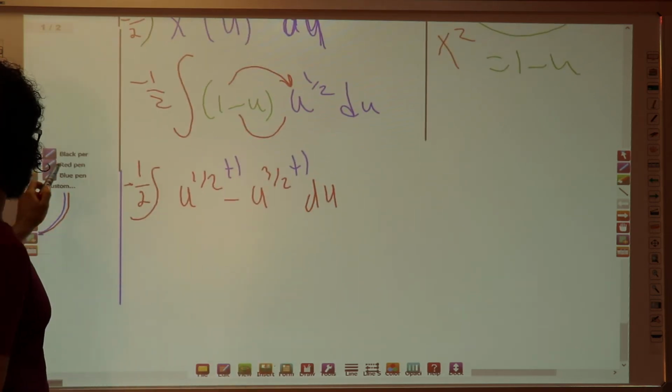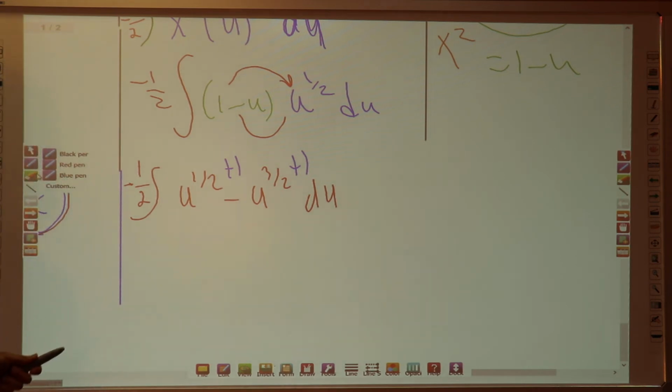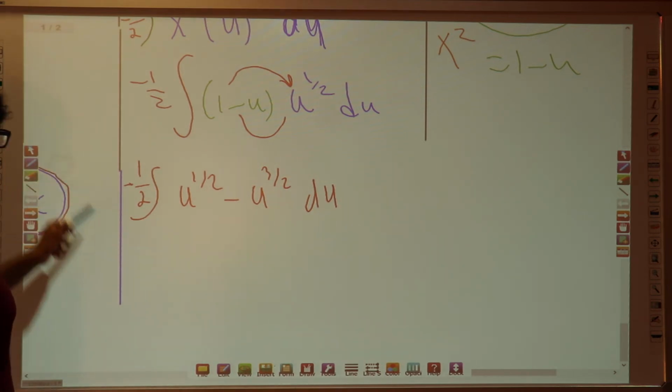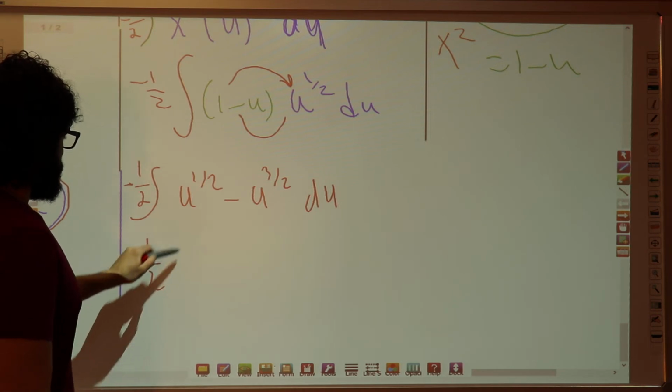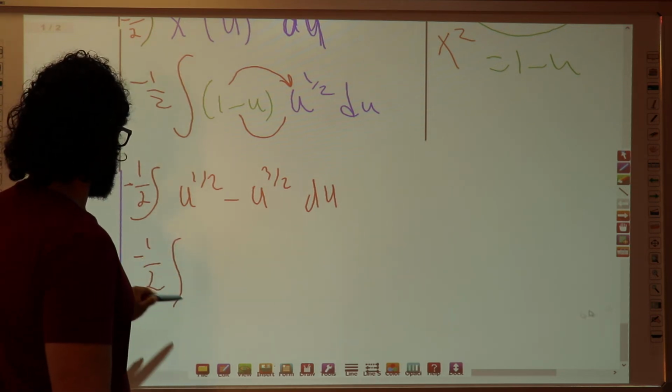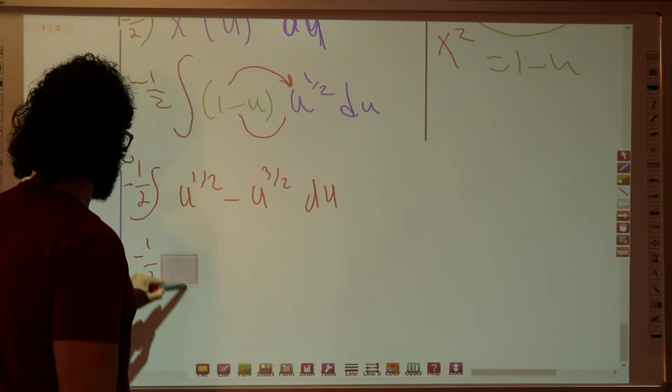I don't like this way. No, hello. I don't like this way. I'm gonna give you 0. I give zeros to any kid who gives me this way. You cannot mix the steps together plus 1. You do it in another step. Leave negative half. And no integration, no more integration, right? u to the half in red.